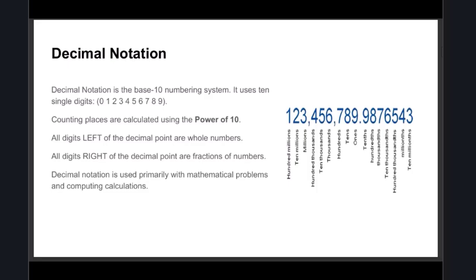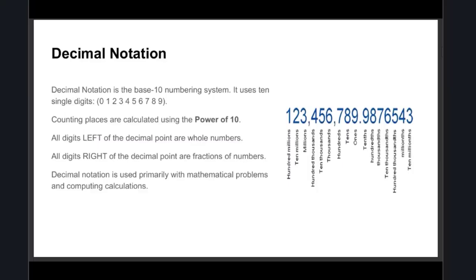To the right, we do the same type of base 10 numbering, but we do so in a way that will display a fraction, a fractional value of a number. Your first column to the right of a decimal point will be tenths. The second is hundredths, thousandths, and so on.